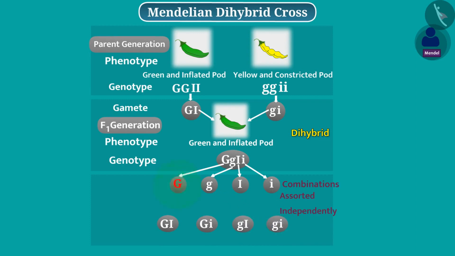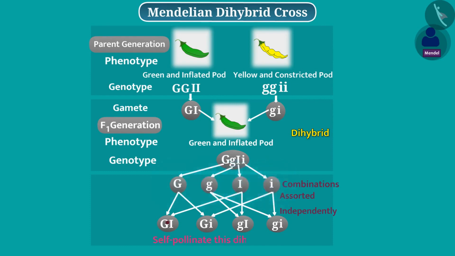Here, the allele of green color of pod will be present in 50% of gametes. Similarly, the allele of yellow color of pod will be present in 50% of gametes. Similarly, you can see that each of the alleles of inflated and constricted pods is also present in 50% of the gametes.